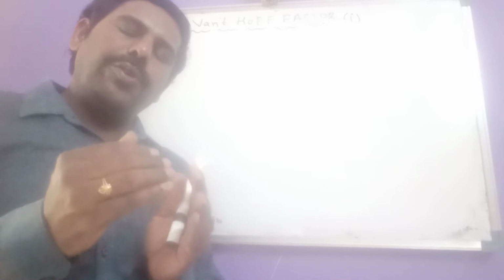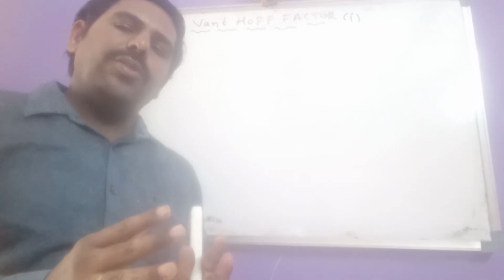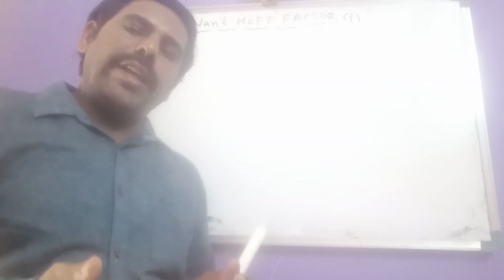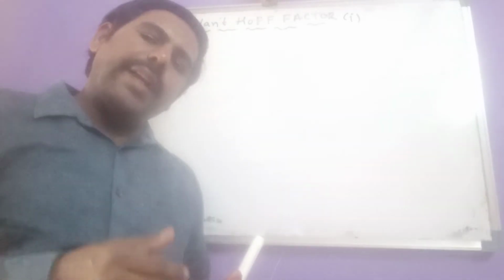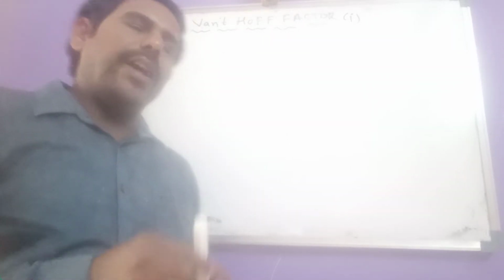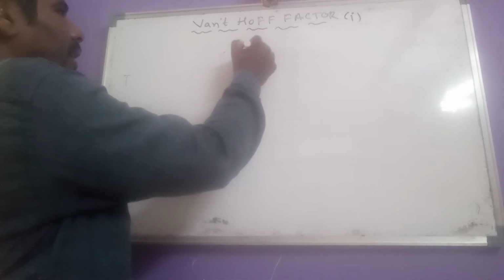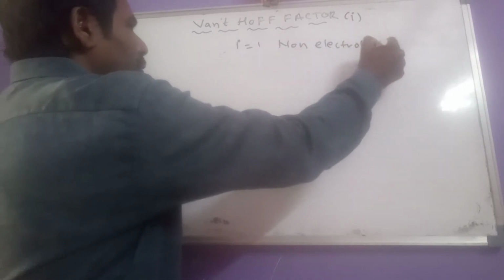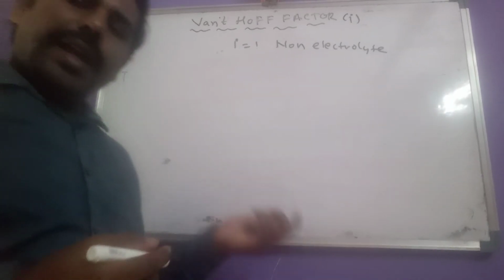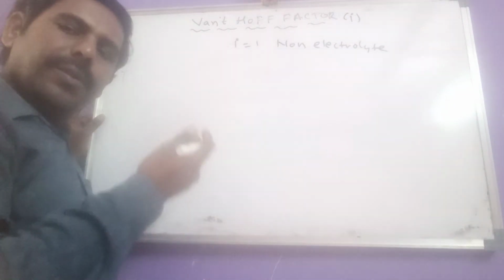So if urea is dissolved in water, it does not undergo dissociation or association. There is no change in the number of particles before and after dissolution. So the i value for any non-electrolyte is 1, for urea, glucose and so on. For any non-electrolyte, what is the i value? 1.